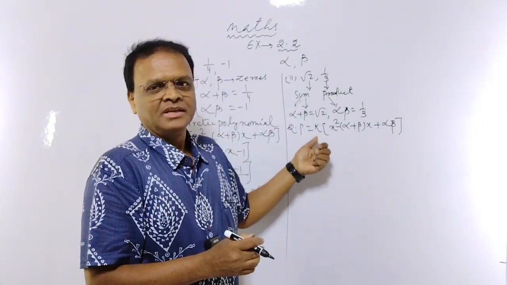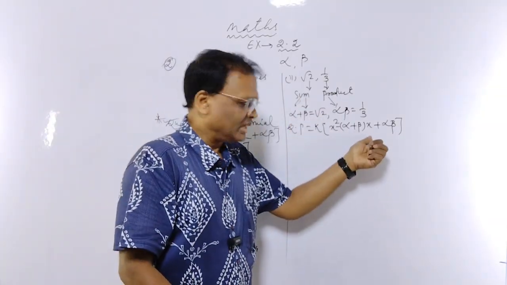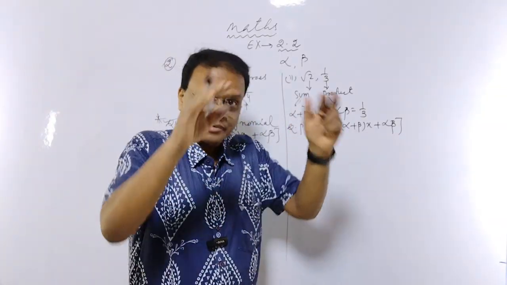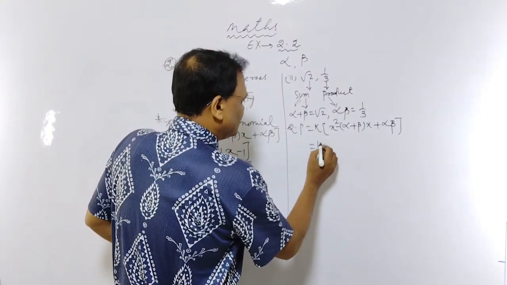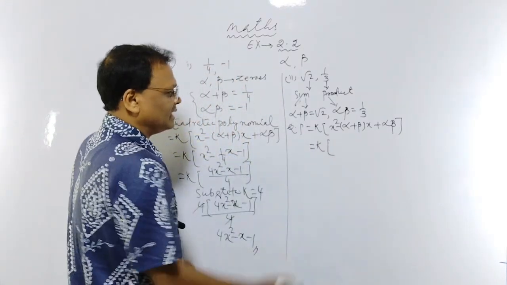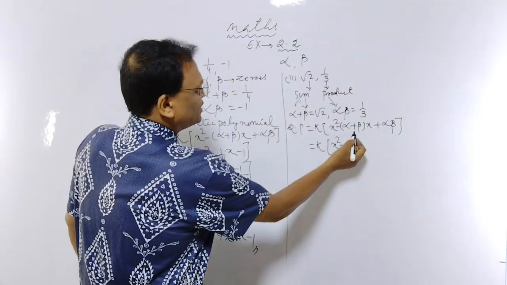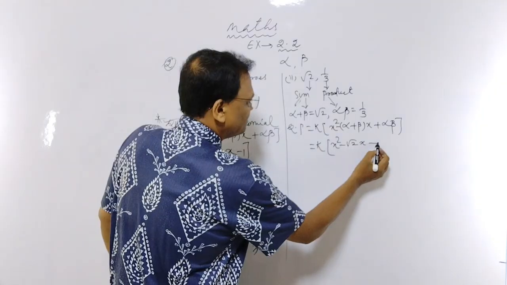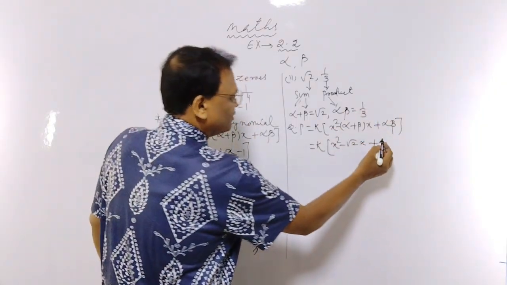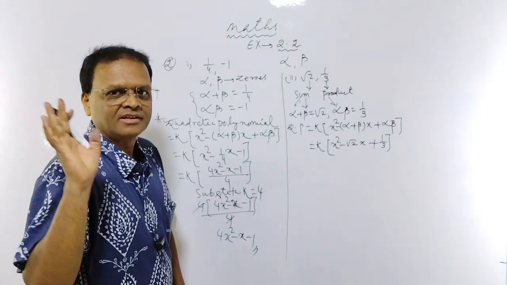You can also write k of x square minus the sum of the zeros of x plus the product of the zeros. That is also okay. So this gives me k of x square minus alpha plus beta, root 2, of x plus alpha into beta, 1 by 3. From here it only needs to be simplified, that's all.